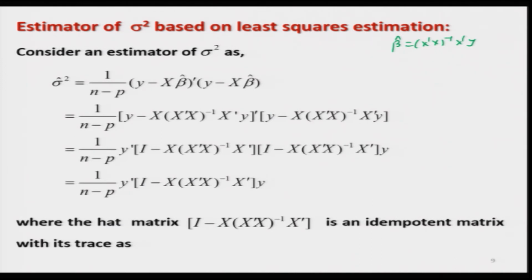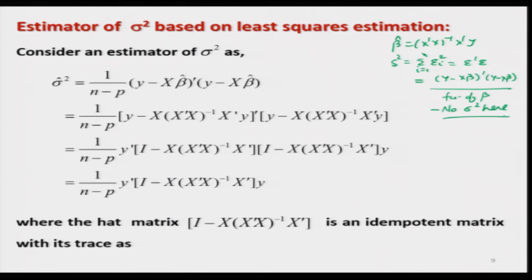That is not possible, because the sum of squares due to error, which we had indicated by the quantity S square, the summation i from 1 to n of epsilon i square, was written as epsilon transpose epsilon, and this we had written as (y minus X beta) transpose into (y minus X beta). This is only a function of beta, and there is no sigma square here.